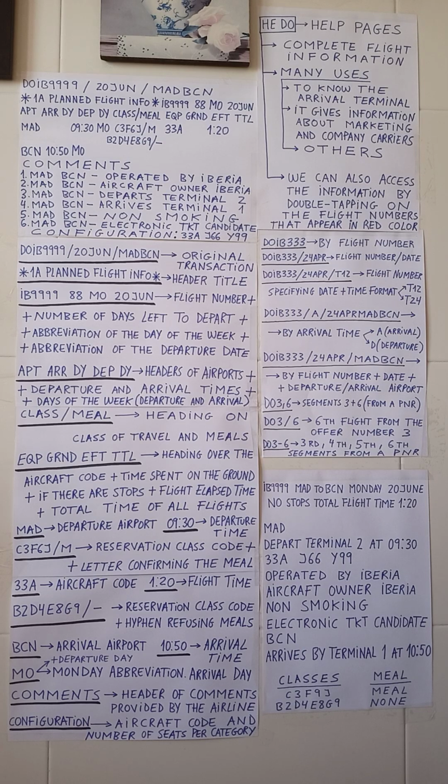Below it, we can see the English word configuration. It serves to indicate 3 pieces of information that appear next to it: 33A, J66, Y99. They refer to the aircraft code and the number of seats available in each category.